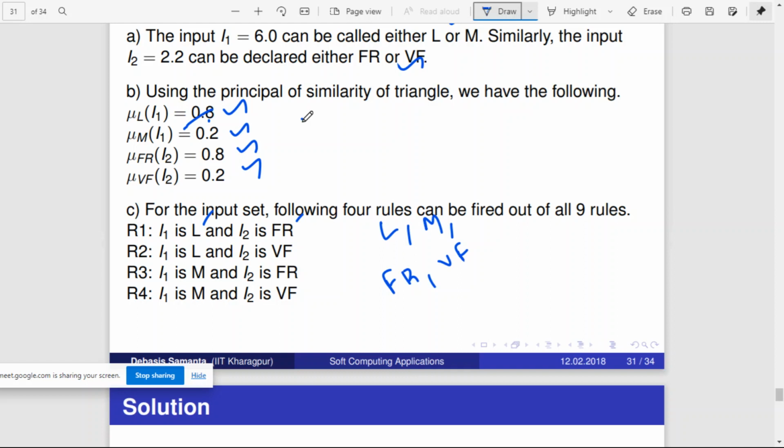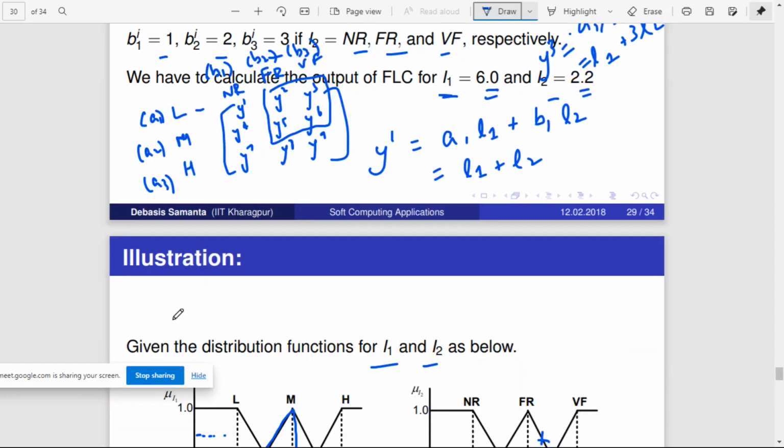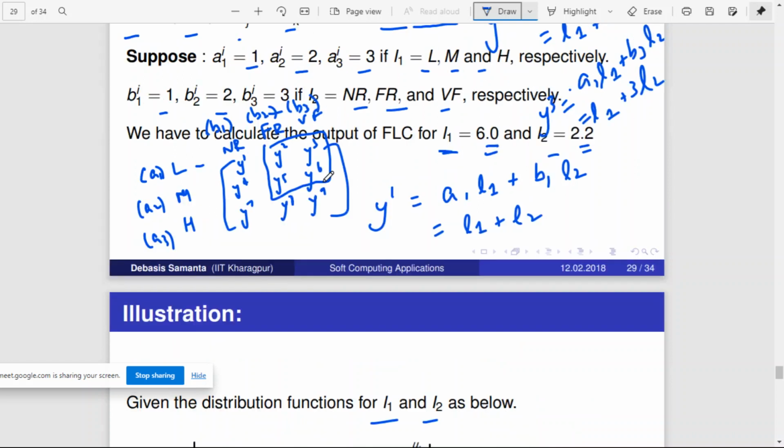Then the functional consequent for each rule. The rules are y1, y2, y3 and y4. Actually, the rules that will fire are y2, y3, y5 and y6. Y2 is connected with which parameters?